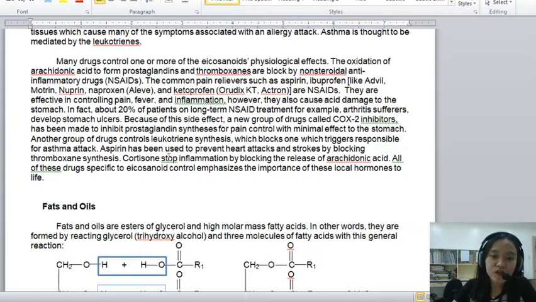So, cortisone stops inflammation by blocking the release of arachidonic acid. All of these drugs specific to eicosanoid control emphasize the importance of these local hormones to life.